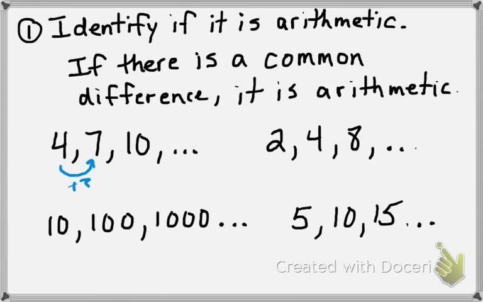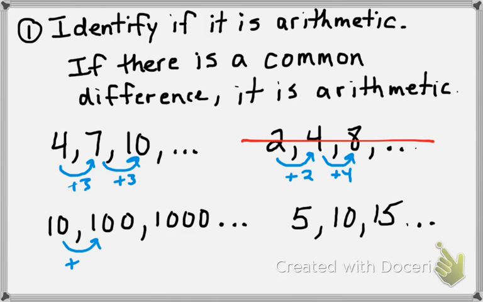Okay, so looking at the first one, I can see that they increase by 3 every time. So that one is arithmetic because it goes up the same amount every time. Looking at the second one, I can see it goes up by 2, but then it goes up by 4. So that's not the same. So there's no common difference. So that one is not arithmetic.